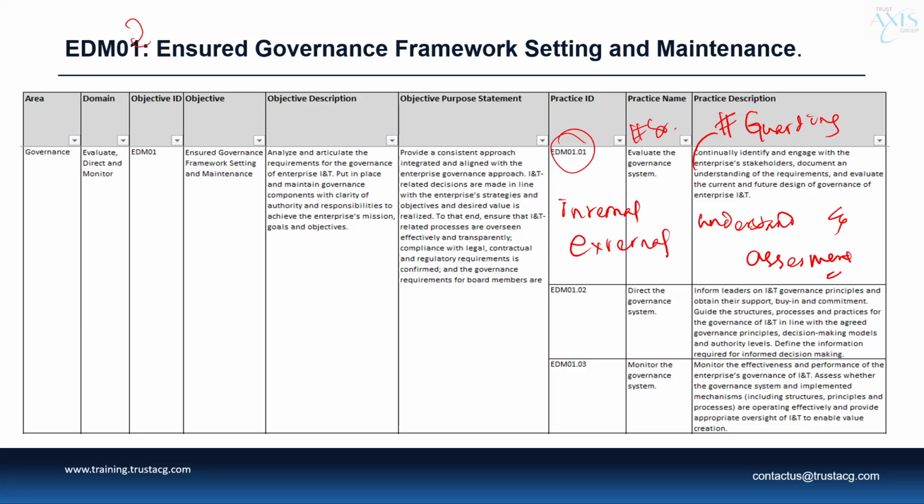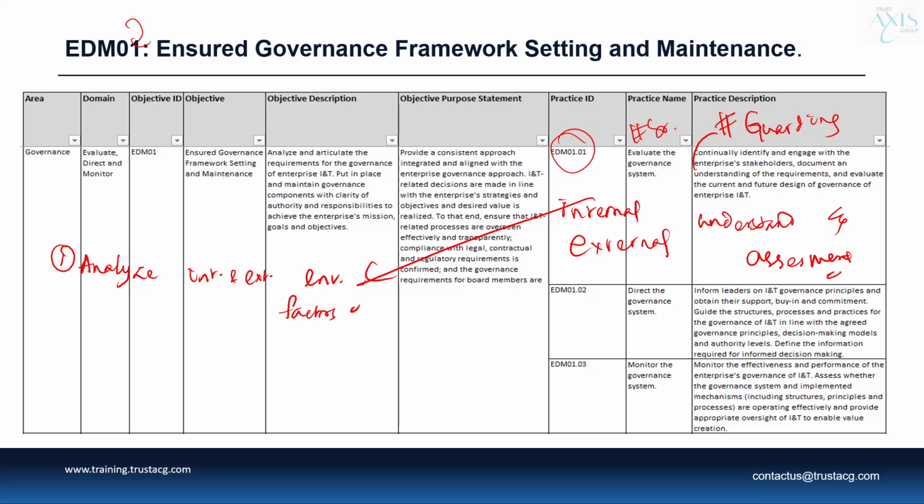Key performance indicator. Now, in order to achieve this particular practice, there are a few activities that could be performed. Like I'm talking about this EDM 1.01, right? So the first thing that you can do is analyze internal and external environmental factors.